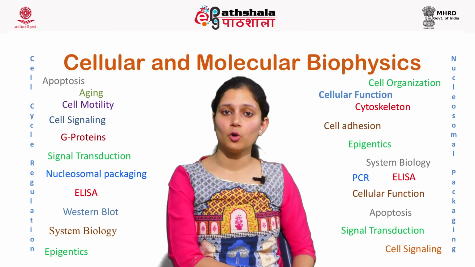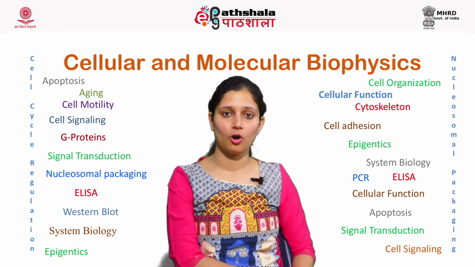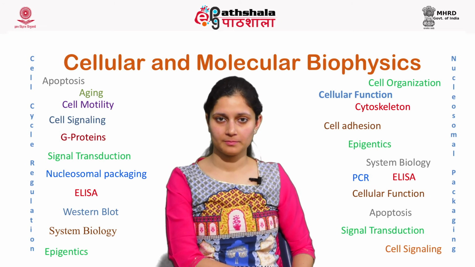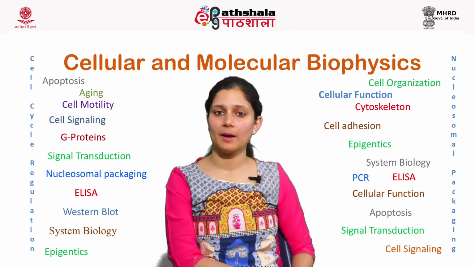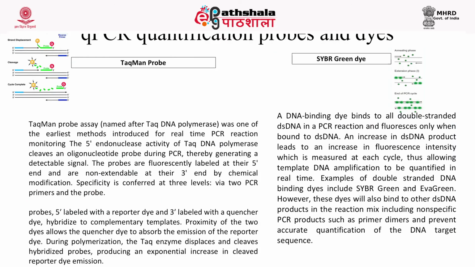There are a number of quantification probes which can be used in real-time PCR or qPCR. The first one is the TaqMan probe. TaqMan name comes from Taq, that is Taq polymerase, and man comes from a video game, that is Pac-Man. The TaqMan probe assay is one of the earliest methods introduced for real-time PCR reaction.